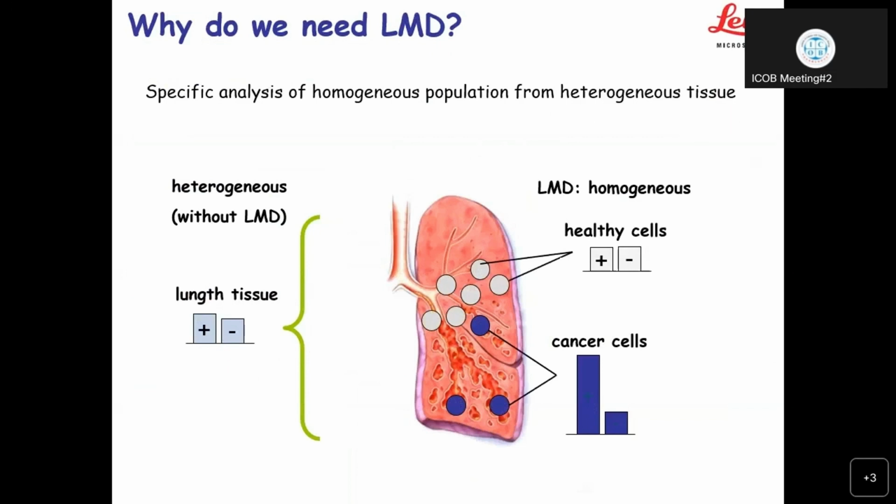Always some healthy cells are collected and can mask the tumor cells in further analysis. Microdissection is a technique to isolate pure and specific targets from microscopic heterogeneous samples to improve the downstream analysis.